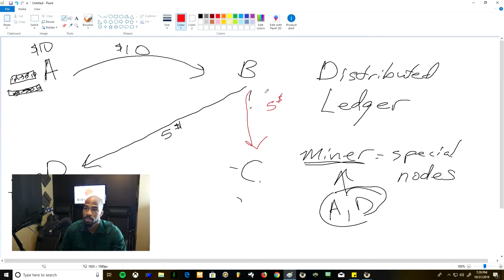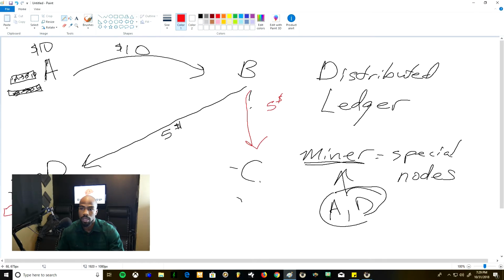Now let's say B sends C $5. Now this is where the transactions start to be validated. Okay, so in order to validate it, again, we are adding this to the blockchain, or we're adding this to the ledger.